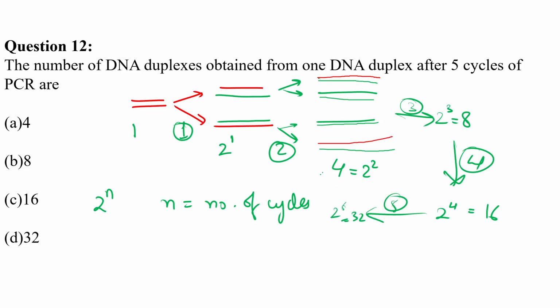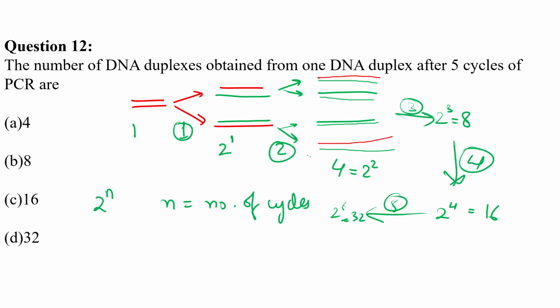So after each cycle the amount of DNA is doubled. That is why even if we start the PCR from one single strand of DNA, we can end up with a very high concentration of DNA after certain cycles.